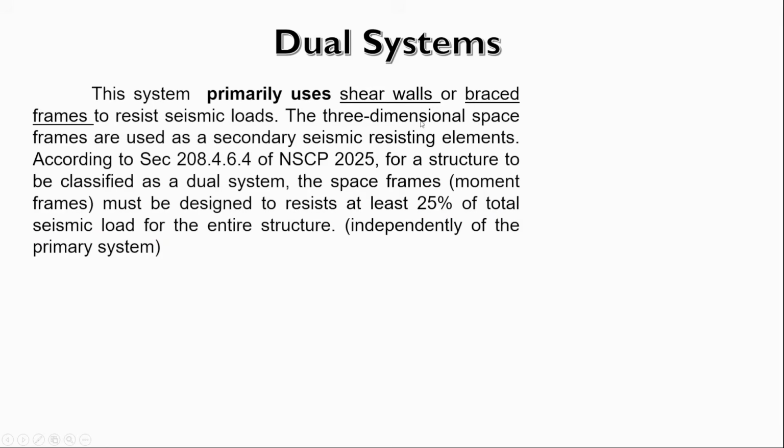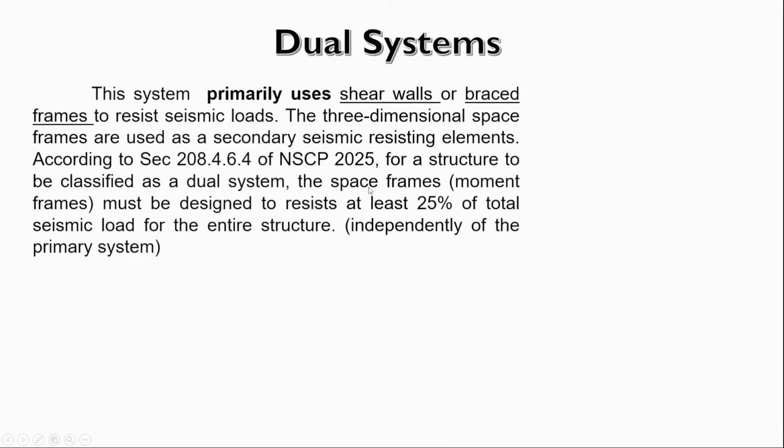So dual system uses two systems, from the word dual. The primary system must be the shear walls or the brace frames. We cannot consider it a dual system if the primary system is the moment resisting frames and the shear walls are the secondary system. In the dual systems, the primary elements that resist the earthquake loads or the seismic demands are the shear walls or brace frames.